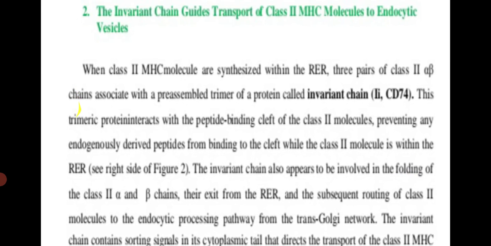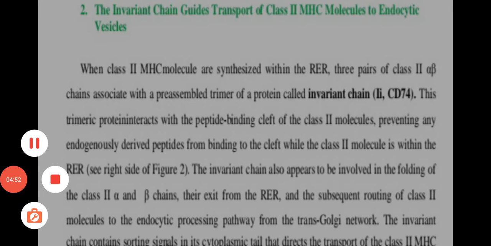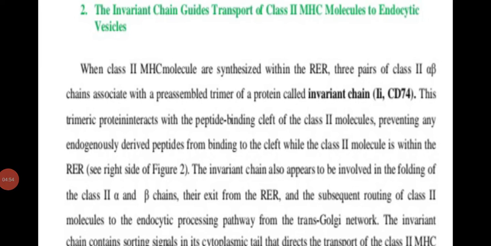Next, the invariant chain guides the transport of class 2 molecule in endocytic vesicle. The class 2 molecules are synthesized within the rough endoplasmic reticulum, as well as another protein also formed in the rough endoplasmic reticulum called the invariant chain protein, and this invariant chain protein is a trimer protein.